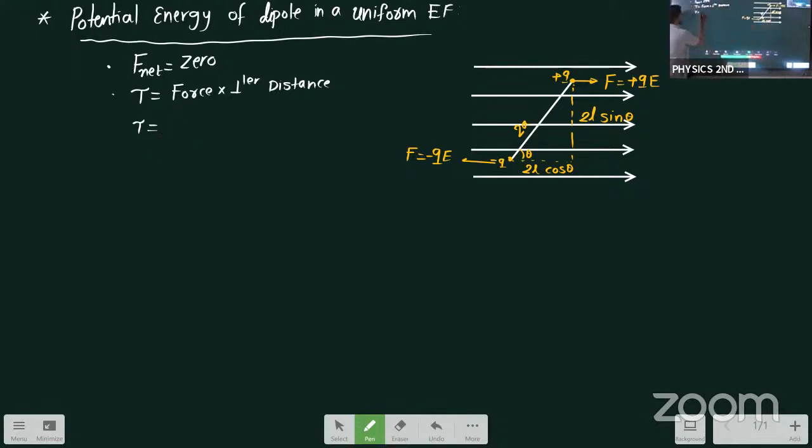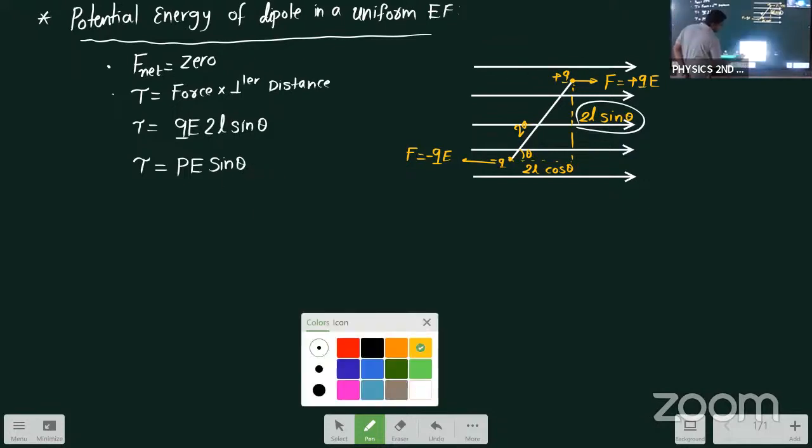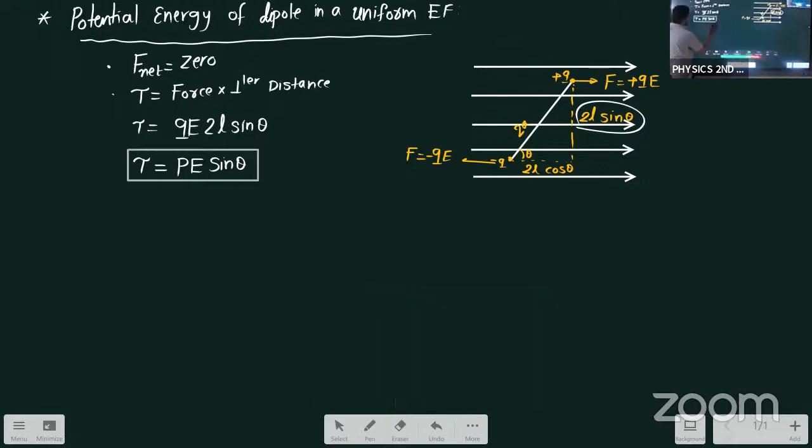I am considering plus QE. The perpendicular distance is 2a sin theta. So from here we got the formula for torque: tau is equal to P E sin theta. This was the final answer. We got the torque on an electric dipole placed in a uniform electric field.